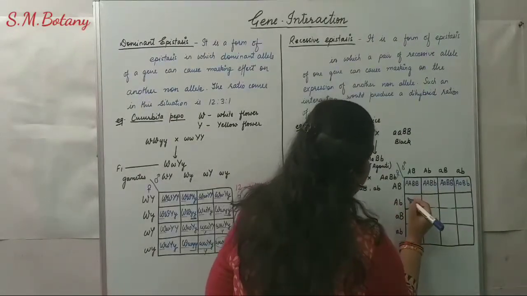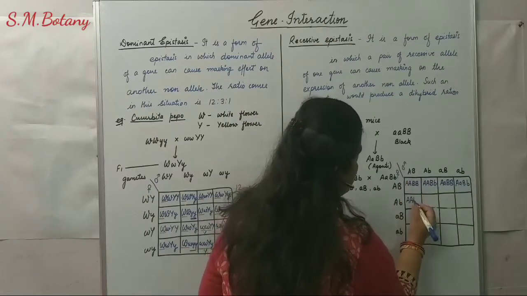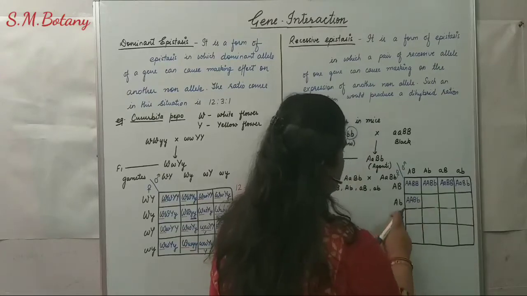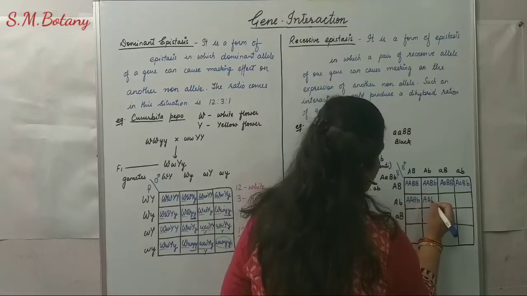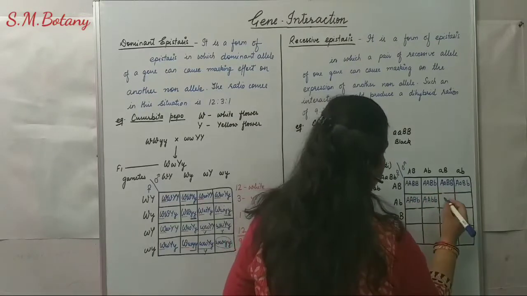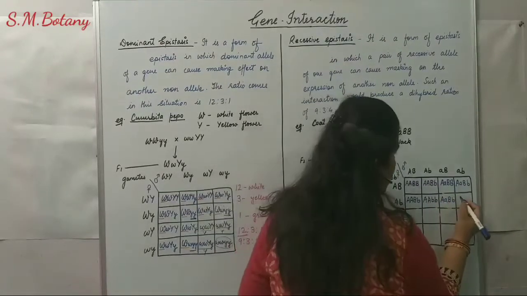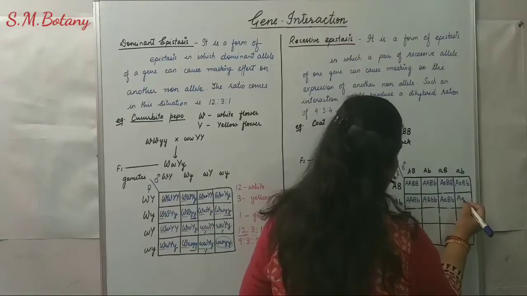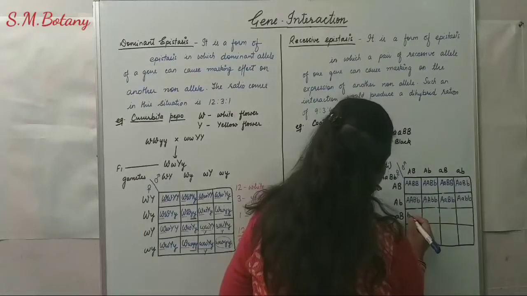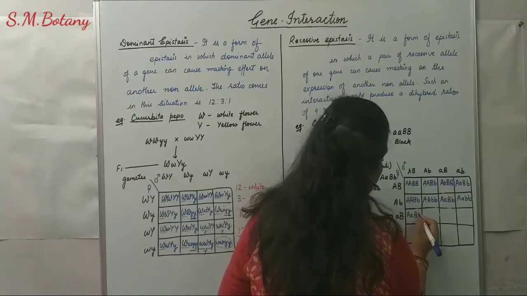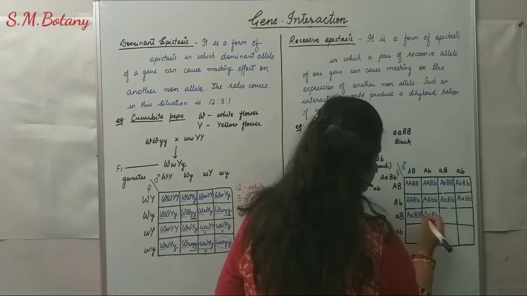Now in the second row we get capital A, capital B, small b. In the second one of this row we get capital A, small b, small b. In the third one, capital A, capital B, small b. Fourth, we get capital A, small b, small b. Now in the third row, capital A, capital B, capital B. Capital A, capital B, small b.